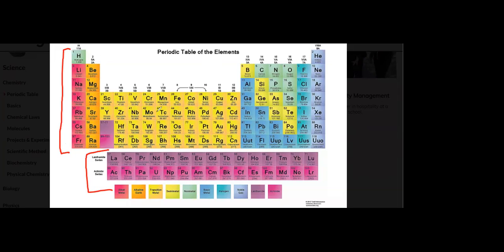Horizontal rows are called periods. Everyone, tell me, horizontal rows are called periods. And the vertical columns are called groups.